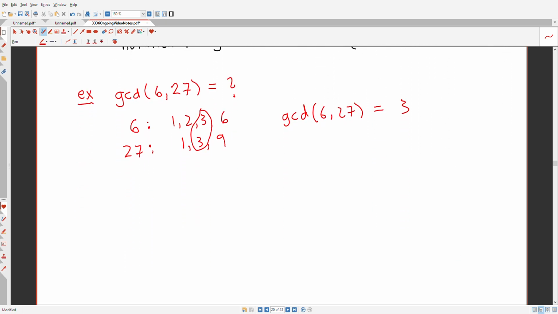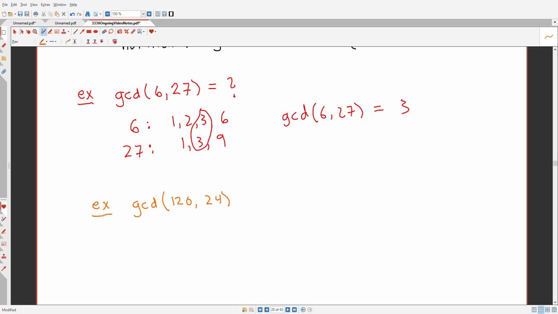Okay, let's try another example. We could try the GCD of, I'm going to keep my numbers kind of low, maybe of 120, that's a little big, but and 24.